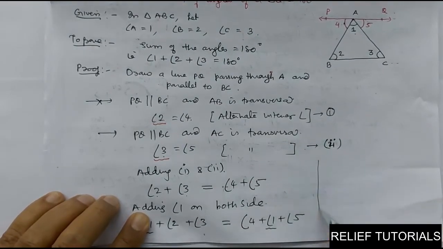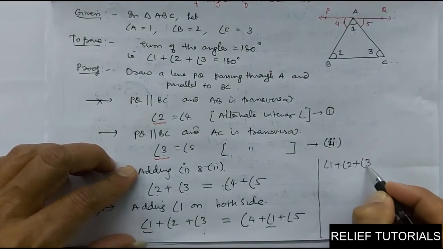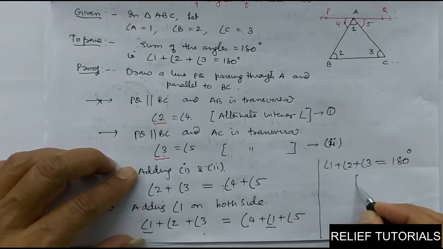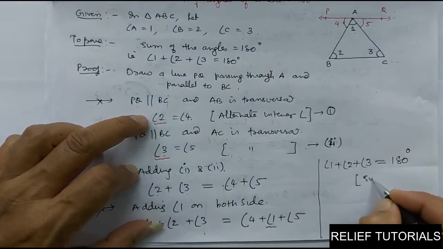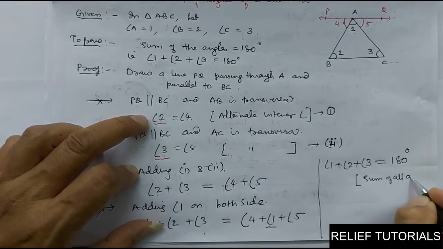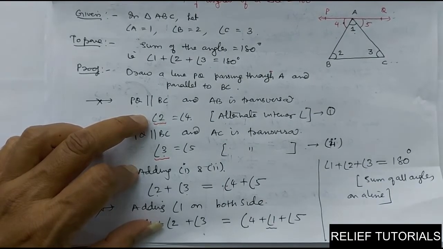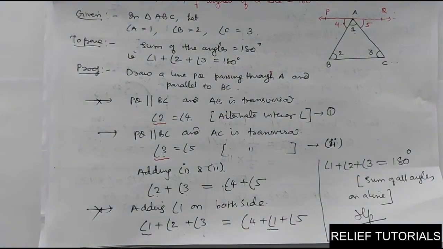So therefore I can write angle 1 plus angle 2 plus angle 3 is equal to 180 degree. Reason: 4, 1 and 5, that is, the sum of all angles on a line. Hence proved. Very simple.